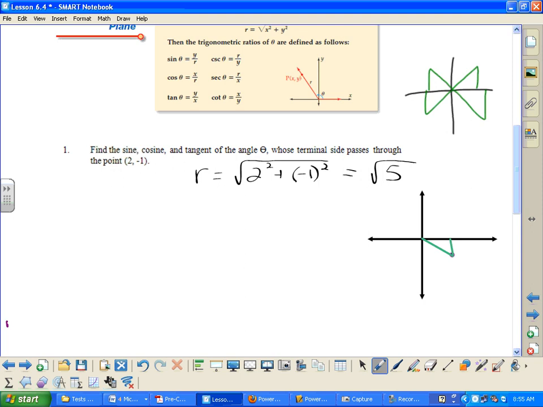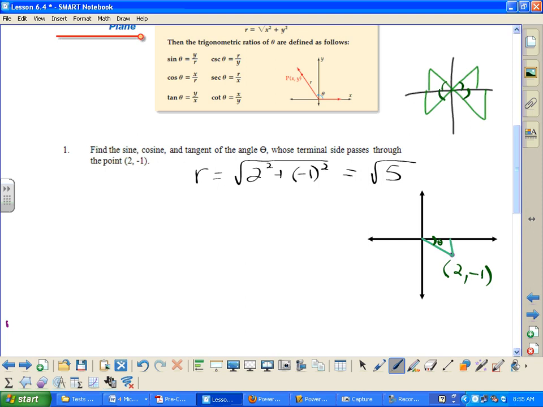You'll notice that I never went to the y-axis. We go from the origin to the point to the x-axis. So if this is my point here, 2, negative 1, then this is always where my theta, my angle, is. My angle is always here in those spots.